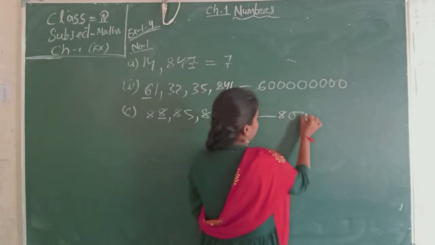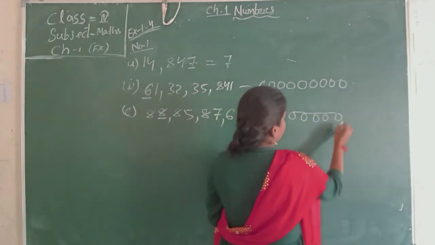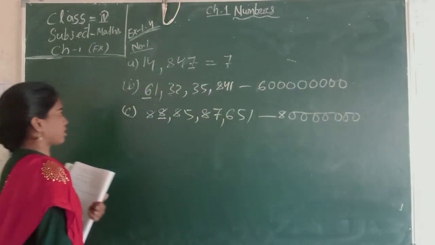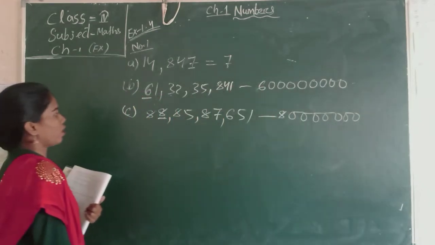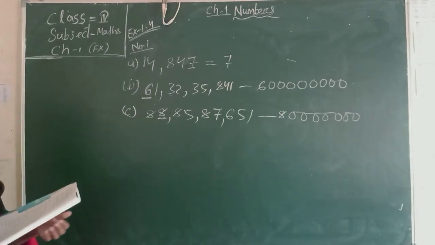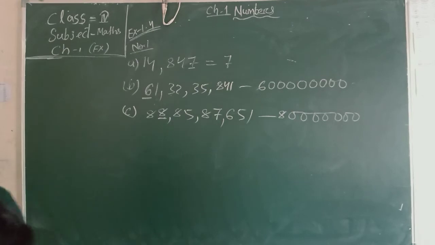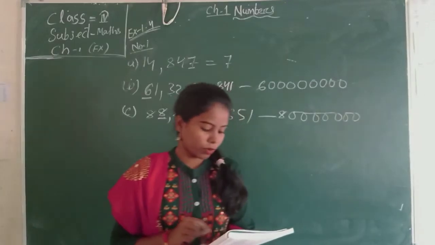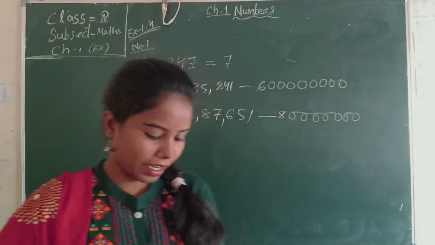So write 7 zeros after it. This is the place value of this number. Okay. There are many numbers given, do the other numbers by yourself in this way.